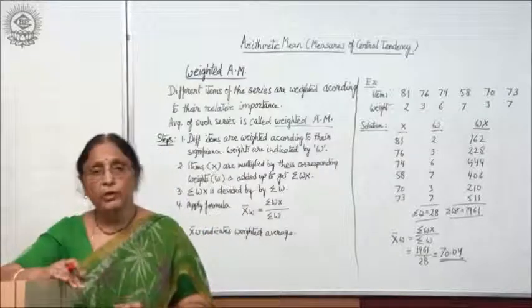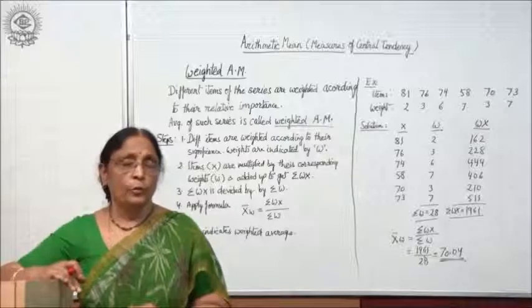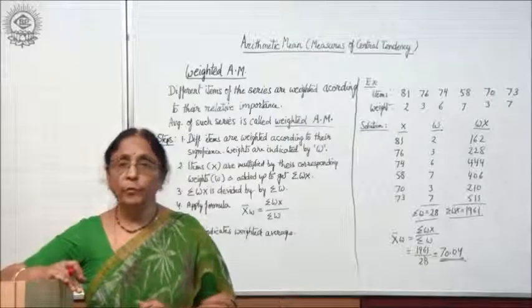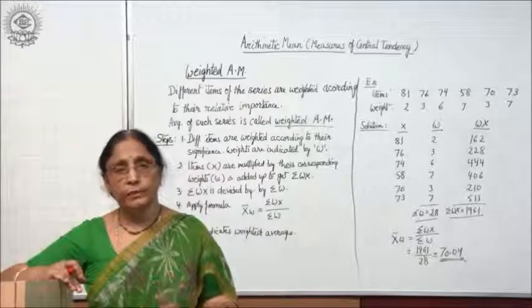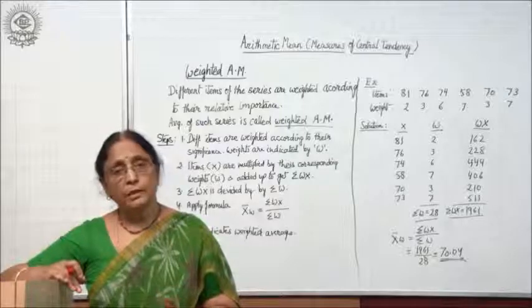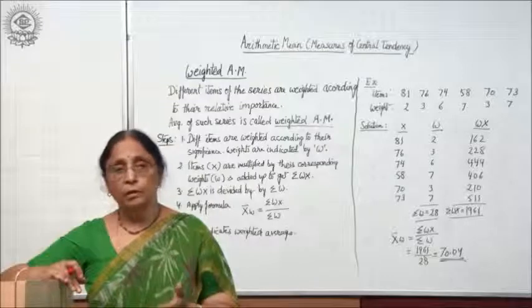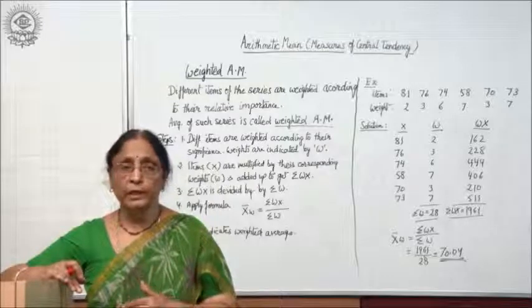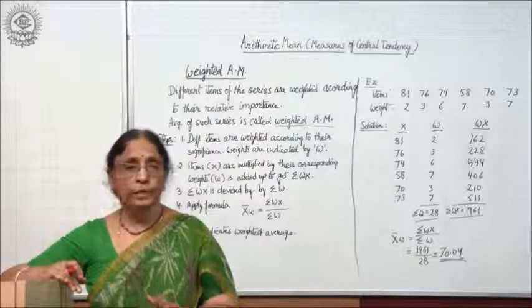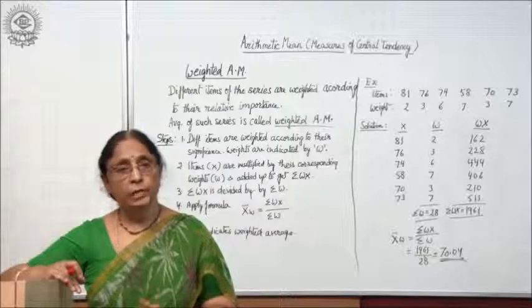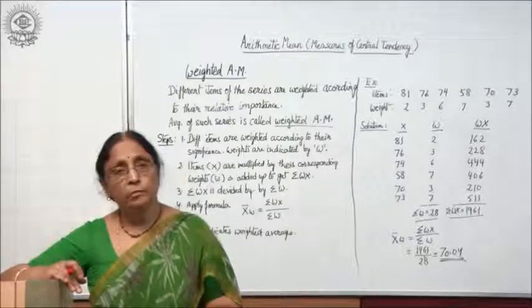But in actual practice, we normally give more importance to food because this is the basic necessity. Second, we give more importance to clothes, and then maybe to other things like entertainment or any other item, that is personal preference.